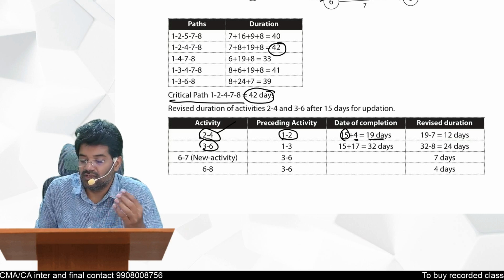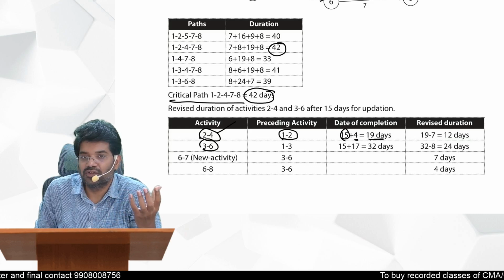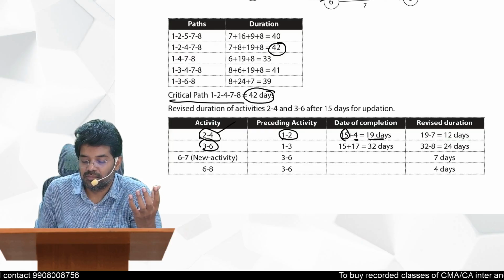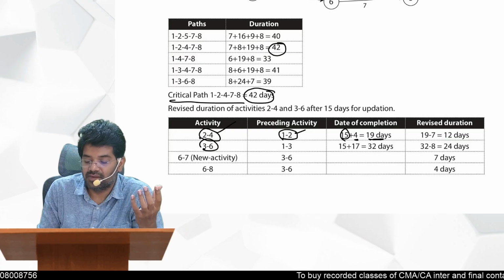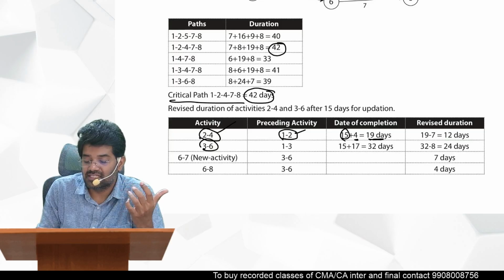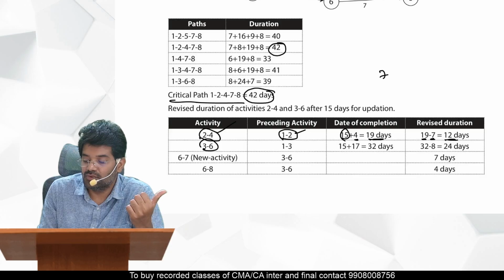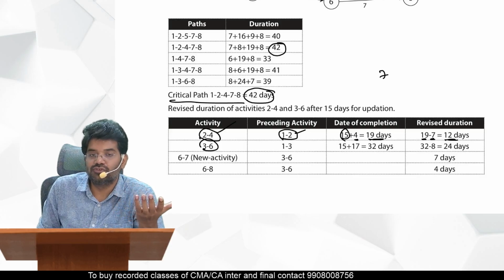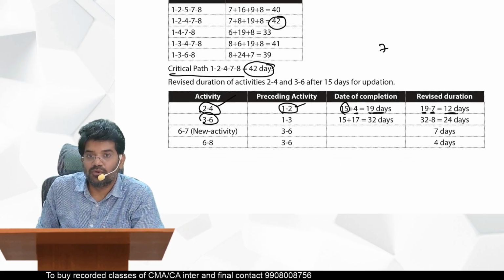And you know that the previous activity 1 to 2 started, and for this 7 days is required. So for 2 to 4, what is the earliest start time now? 7 days. So from 19, if you remove 7, you are getting 12 days. So that is the revised duration of 2 to 4. I hope you understood this.